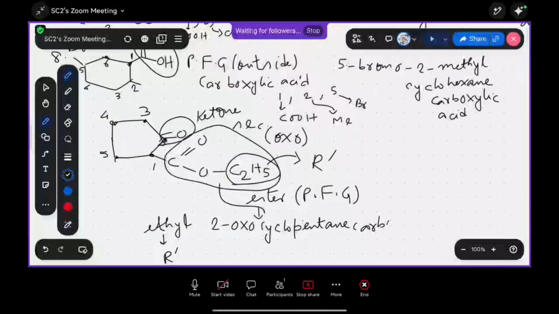You will not use OH, you will use carboxylate because this is outside the ring. If it were inside the ring we would say OH, but it is outside the ring, so carboxylate.